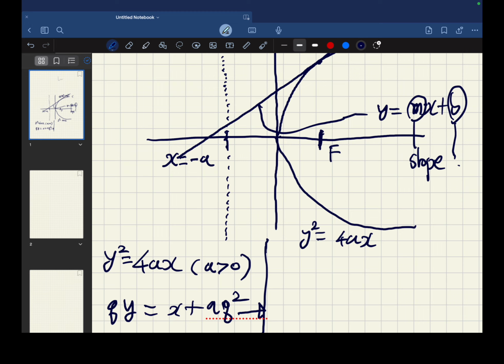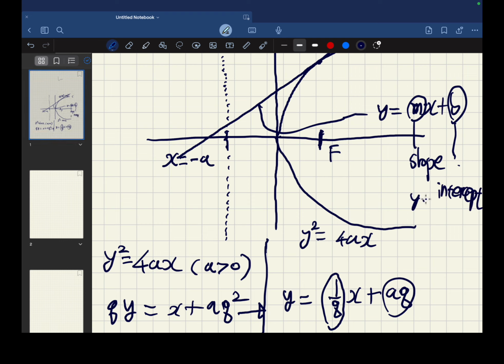So we can divide it by q, but make sure that q must not be 0. But the condition says q is positive, so we can divide both sides by q. So divided by q here, y is 1 over q times x plus aq. So 1 over q must be the slope of this line, and aq must be the y-intercept.